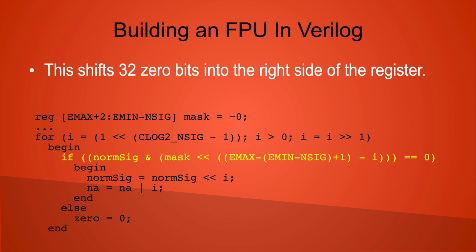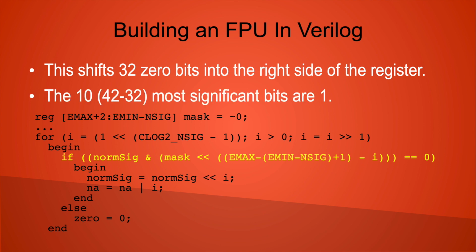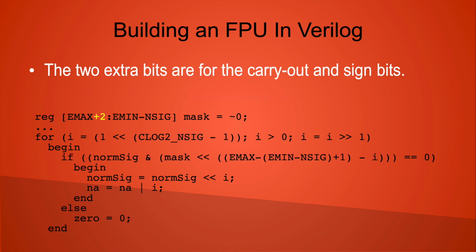The first time through the loop, this expression evaluates to 32. So we shift in 32 zeros on the right side of the mask. This leaves ones in the 10 most significant bits of the mask register. These 2 extra bits are for the carryout and sign bits.